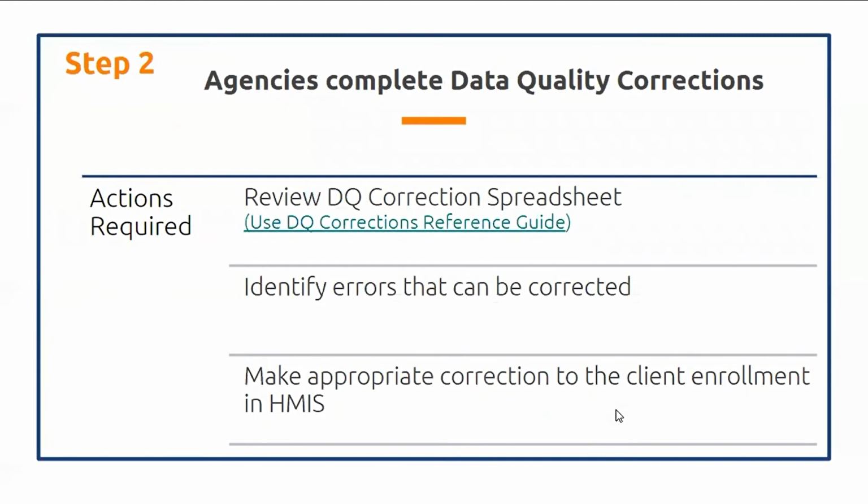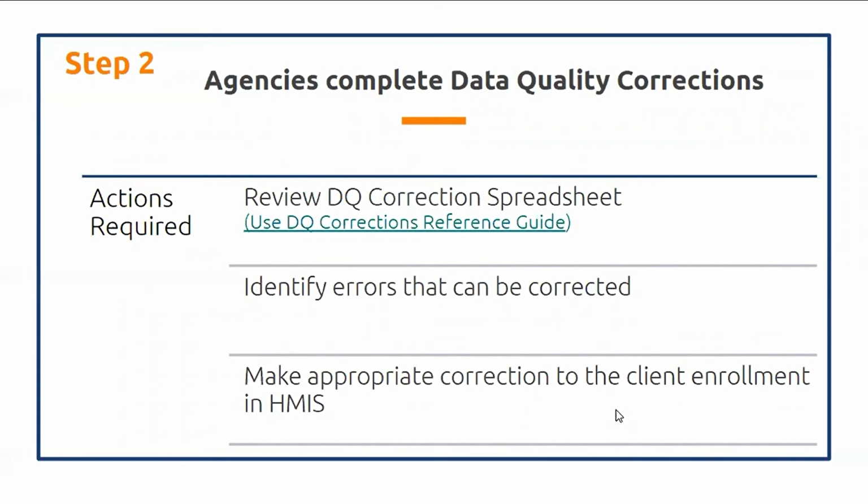Okay, so what is the idea after you receive this spreadsheet? The first thing, you need to obviously review it and identify the errors that can be corrected. We understand that you cannot correct everything, for example, client refused or client doesn't know, but as an agency administrator, you should acknowledge those responses. Also, it's important to realize the severity of the issues.